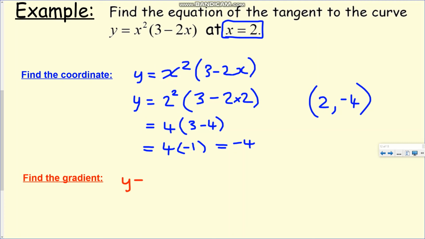So instead of y being equal to x squared bracket 3 minus 2x, I'm going to just expand that bracket and I'll say x squared times 3 is 3x squared, and x squared times minus 2x is minus 2x cubed.